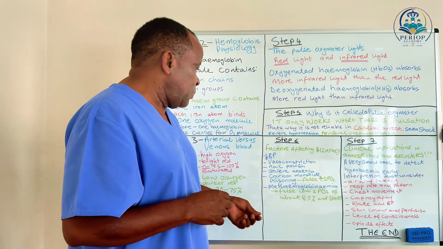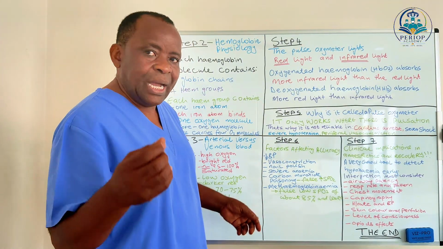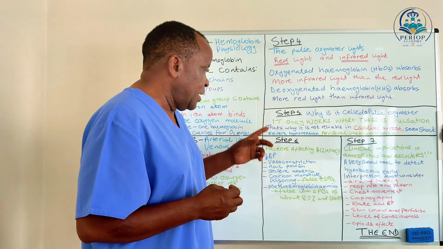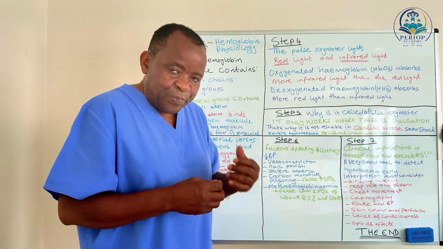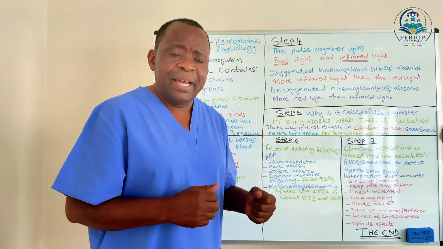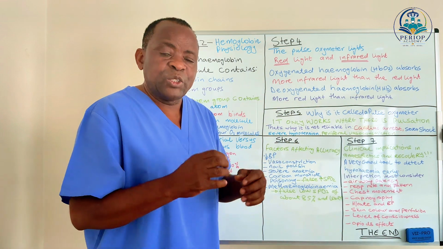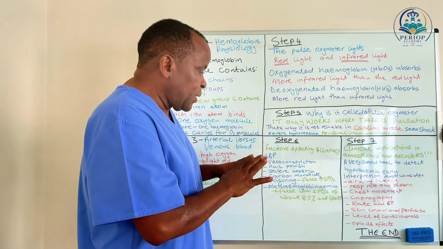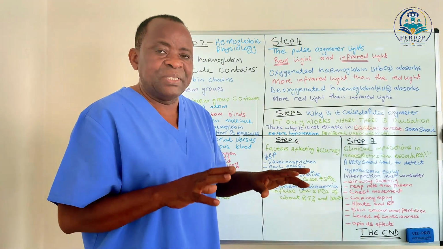And one last point which I wanted to highlight on the factors which limit the accuracy of the pulse oximeter is, for example, if the patient is restless, the pulse oximeter doesn't work so well. So make sure the patient is calm and comforted, and you tend to get the results right.